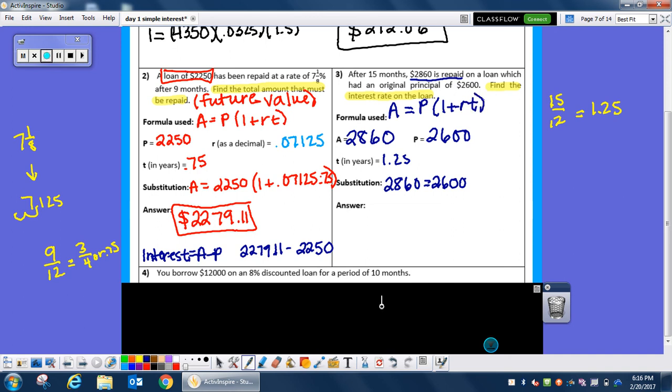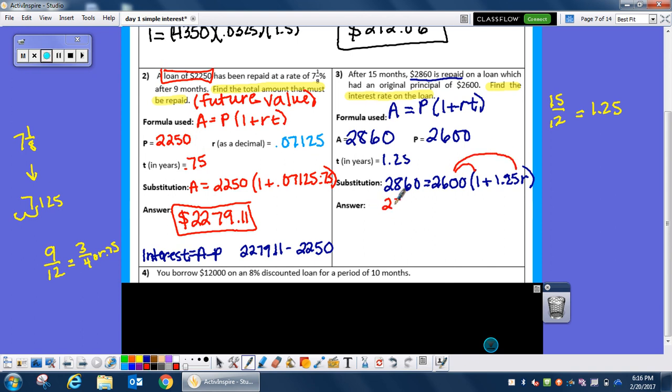Okay. Times 1 plus, and we can kind of move this around because we typically put the number first, 1.25 r. From here it's just a multi-step equation, so you distribute.